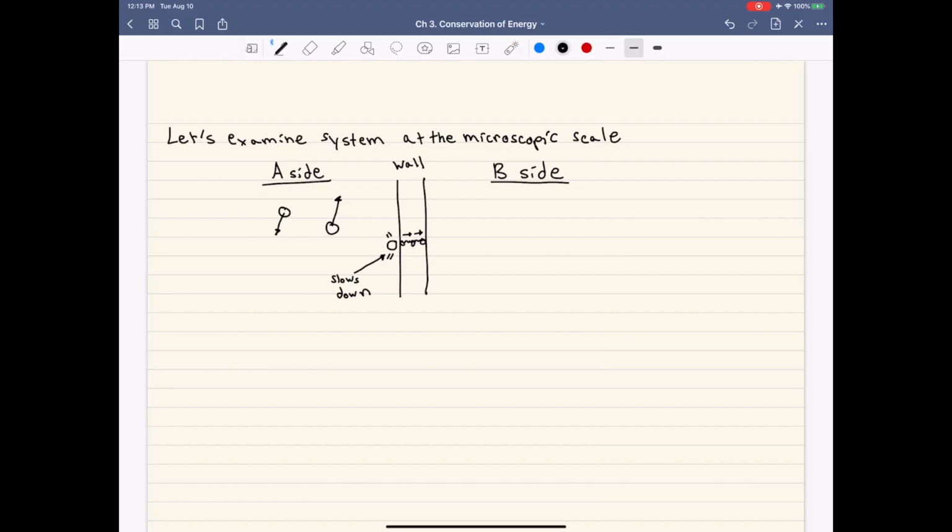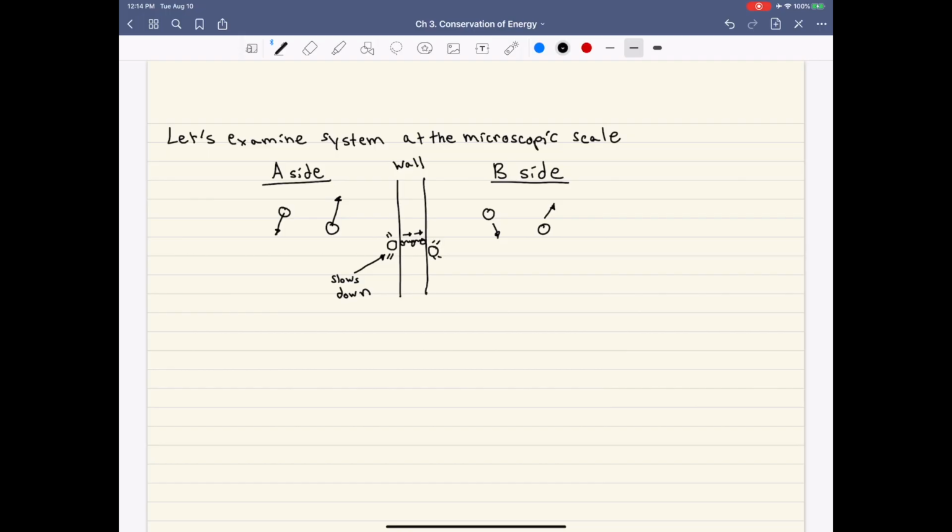On the right-hand side of the system, we also have molecules that are floating around. And because side B was at a lower temperature, these molecules were moving around much slower than the molecules on side A. But once again, these molecules can also run into the wall.